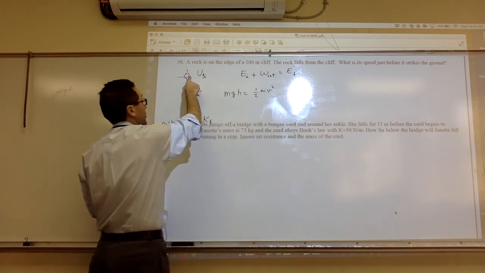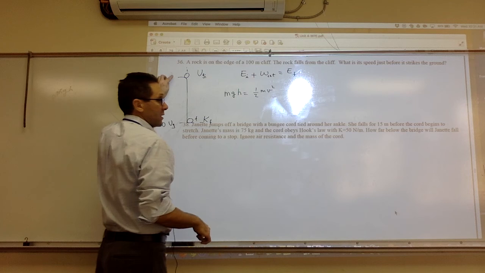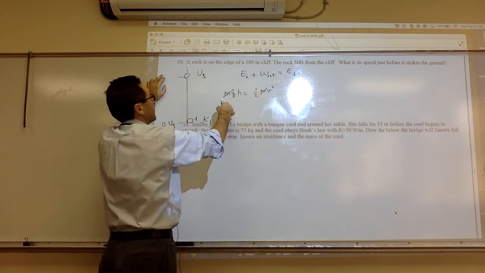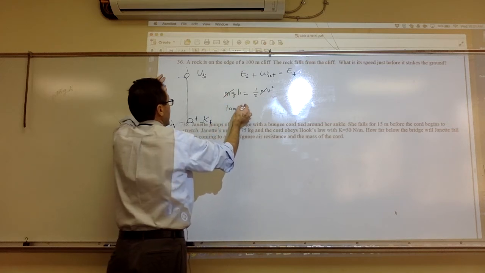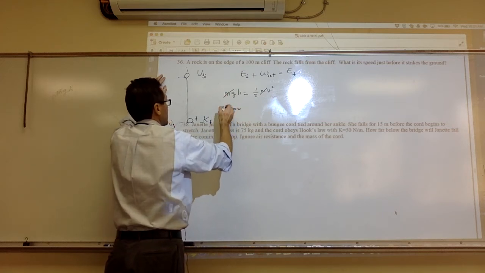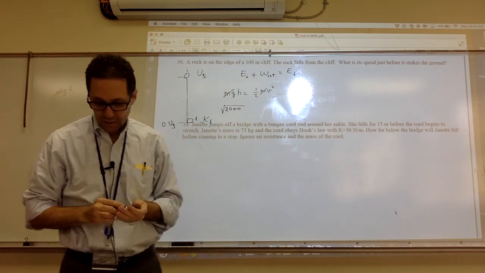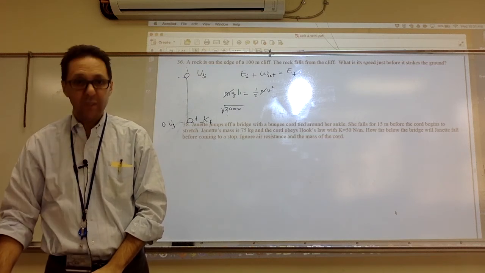If someone throws this or pushes it, you have to take into account its kinetic energy up there. So we divide everything by the mass. So G times H, that's going to be 1,000. Times 2, so it becomes 2,000. Take the square root, and that's your velocity. And that should be about 44.72 meters per second.